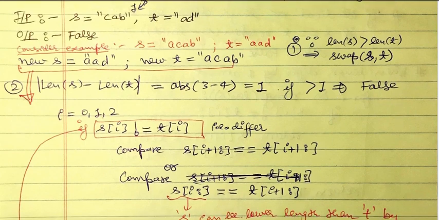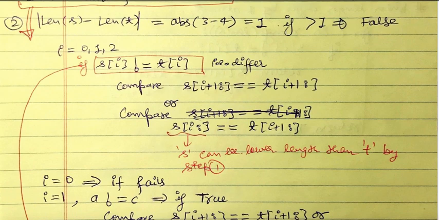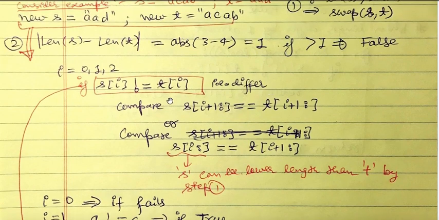Now the third cross check. Let's say the length is either equal or the difference is just 1, which is possible with a single insertion. We now compare S and T, which are the new source and new target after swapping. We compare character by character, and whenever the characters in source and target differ, we do something.